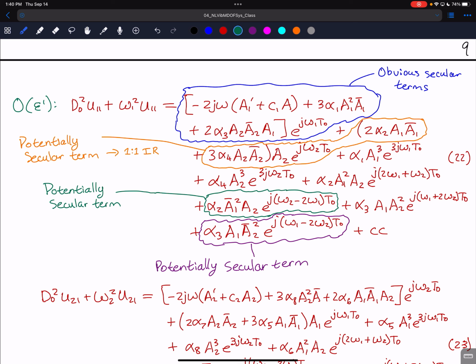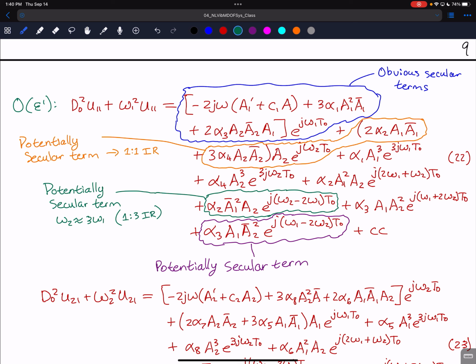Okay, and then you would need to incorporate it along with the obvious secular terms. If we take a look at this green one, what we have here is omega 2 minus 3 omega 1. So in this case, if omega 2 is approximately 3 omega 1, you could call that a 1-to-3 internal resonance, based on the way I've put omega 2 first. If you put omega 1 first, then you switch these ratios.